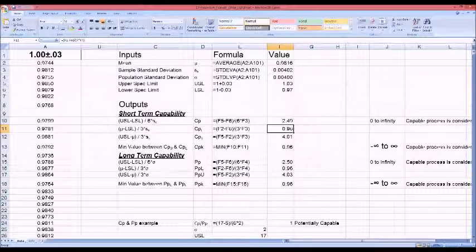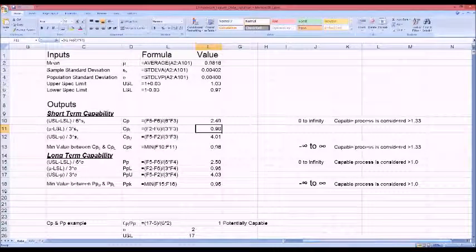In terms of CP, you can actually have any number that's greater than 0. So basically, to tell whether a process is capable or not, you'll want something that's at least greater than 1, and a lot of times industry standard is greater than 1.33.